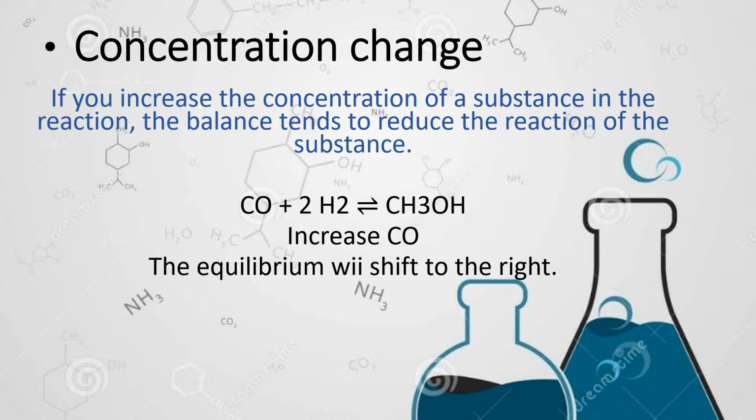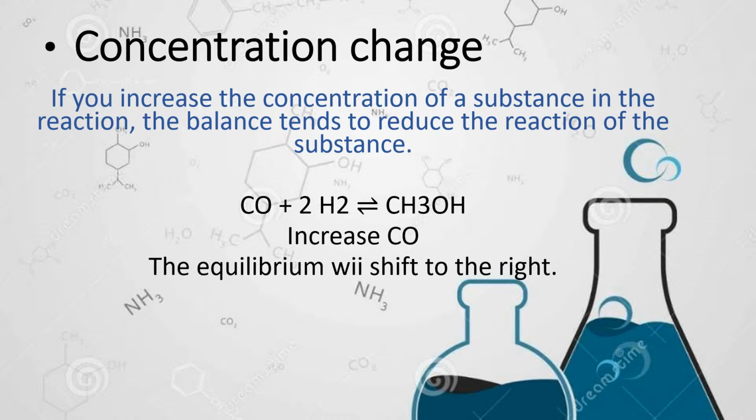1. Concentration change. If you increase the concentration of a substance in the reaction, the balance tends to reduce the amount of that substance. Taking the balance of hydrogen and carbon monoxide producing methanol as an example, suppose we increase the concentration of carbon monoxide in the system.